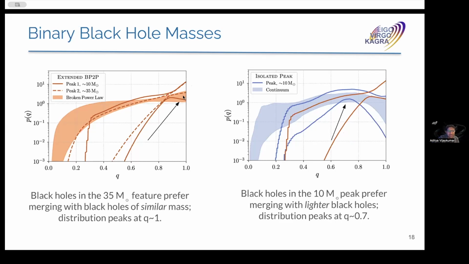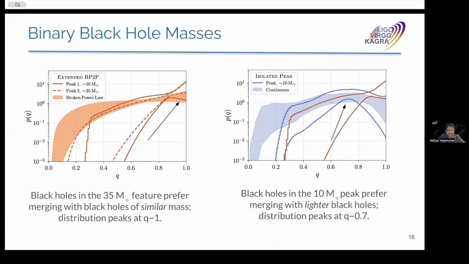But when you check the rest of the mass spectrum, like this orange shaded region here, we see that it has less preference for merging at Q equal to 1 and spans a wider mass ratio range as compared to the 35 solar mass feature.